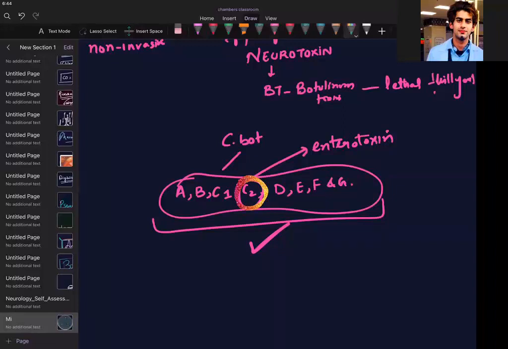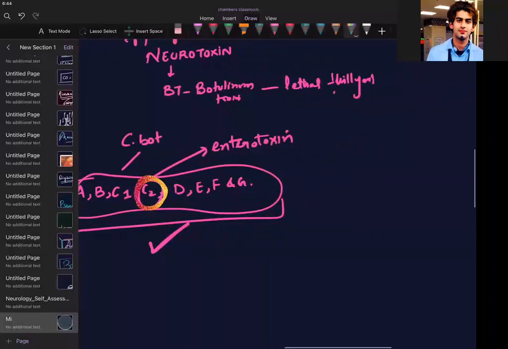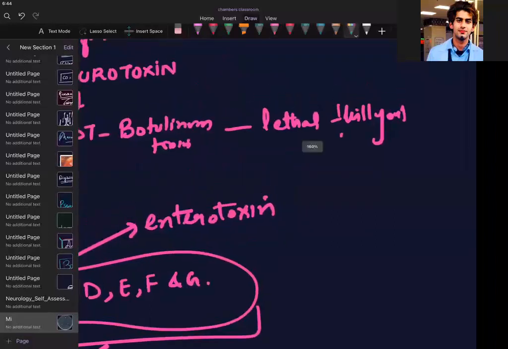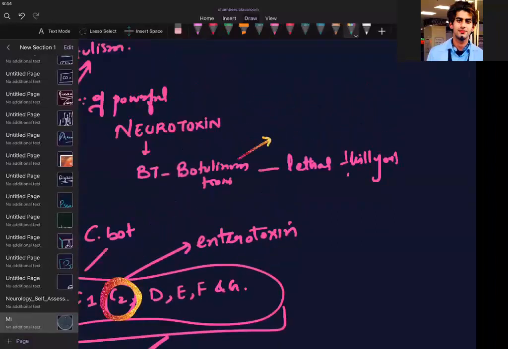What is happening is this Bt toxin is produced intracellularly. Not secreted, guys. But it can appear outside the cell only when the cell gets killed.